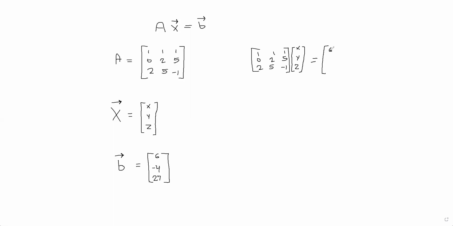Equals our other column vector, b. If you watched the matrix video I posted last night, you might have a decent idea on how to solve this. So I invite you to pause the video, definitely give it a try, see if you can find x, y, and z for us. If not, just wait for the explanation. We'll do it together.